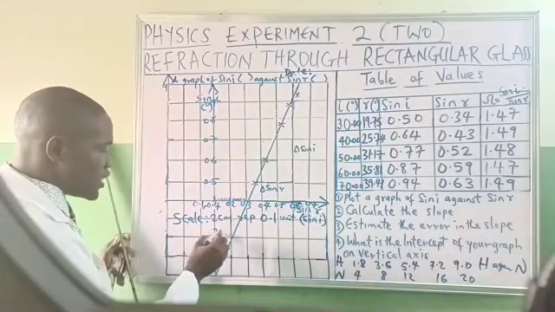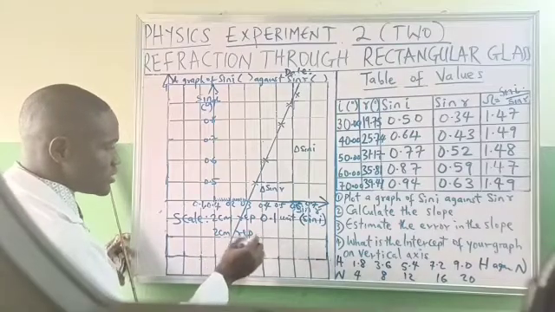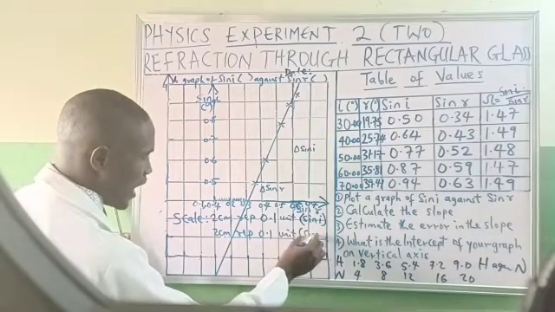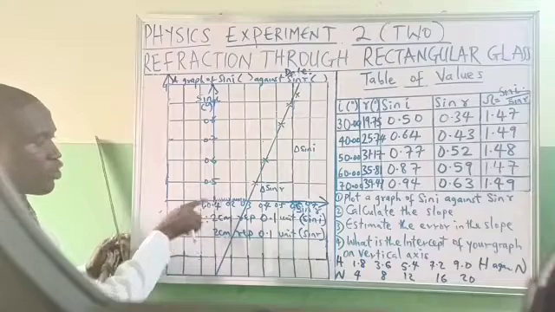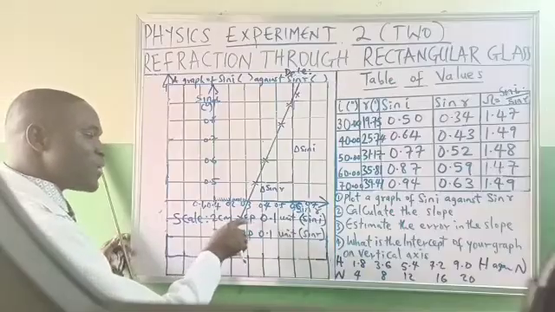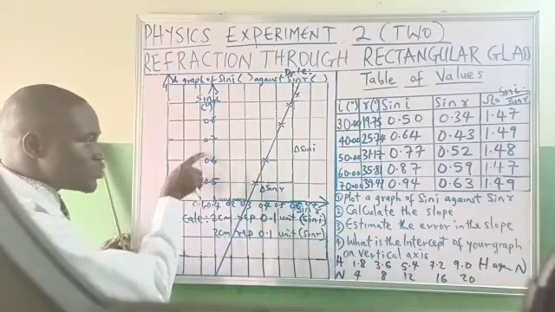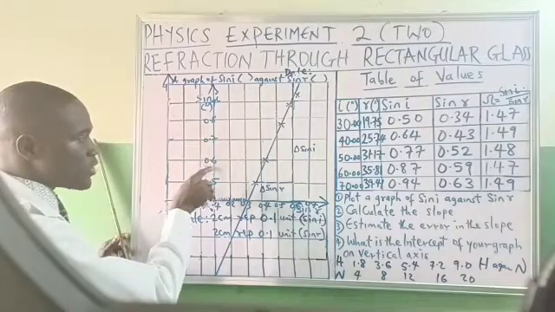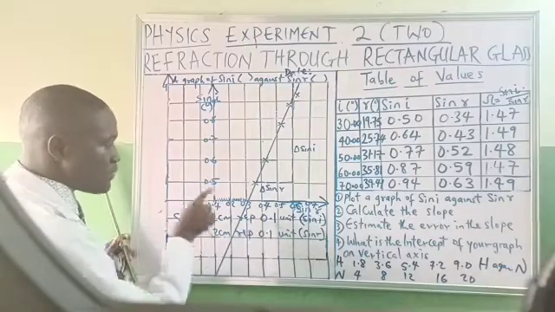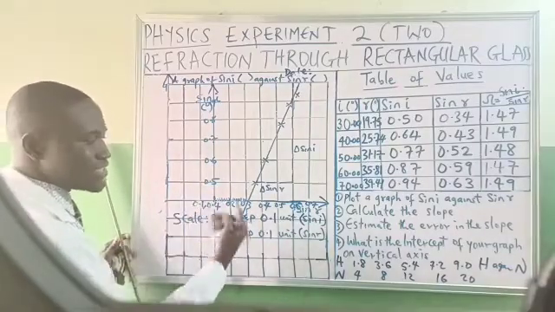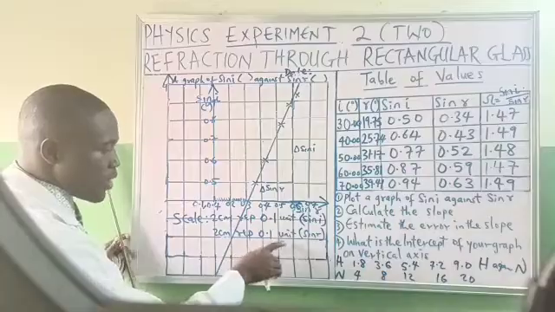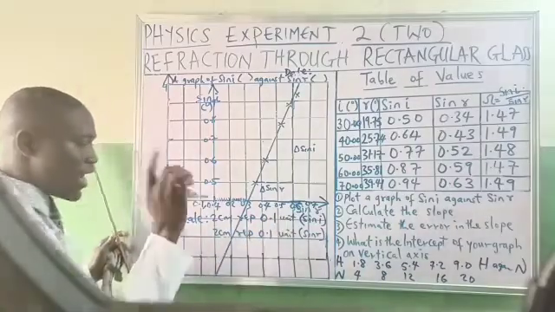Then you also say 2 cm represents 0.1 unit in sin R. So it is not 0.4 you started with that you have to put as the unit. You are representing it with the difference between each, 0.7 minus 0.6, 0.1, right? 0.5 minus 0.4, 0.1. That is the difference, the interval. That is what the 2 cm is representing. 2 cm represents 0.1 unit. That is also the interval for the horizontal axis.